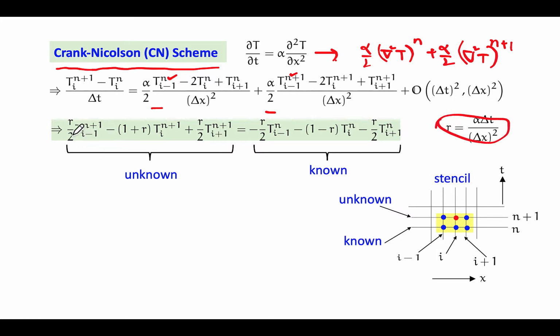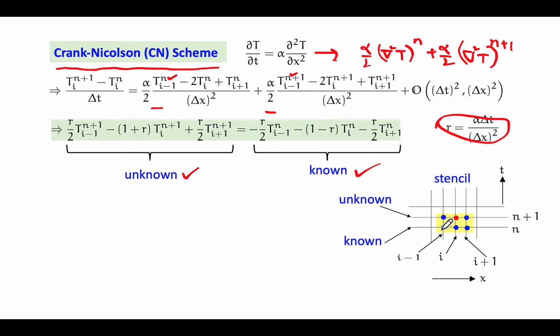On the left side I'll have minus r by 2 Ti minus 1 n plus 1, plus 1 plus r Ti n plus 1, minus r by 2 Ti plus 1 n plus 1. On the right hand side I have r by 2 Ti minus 1 n plus 1 minus r Ti n plus r by 2 Ti plus 1 n. So the left hand side is completely unknown, the right hand side is completely known.